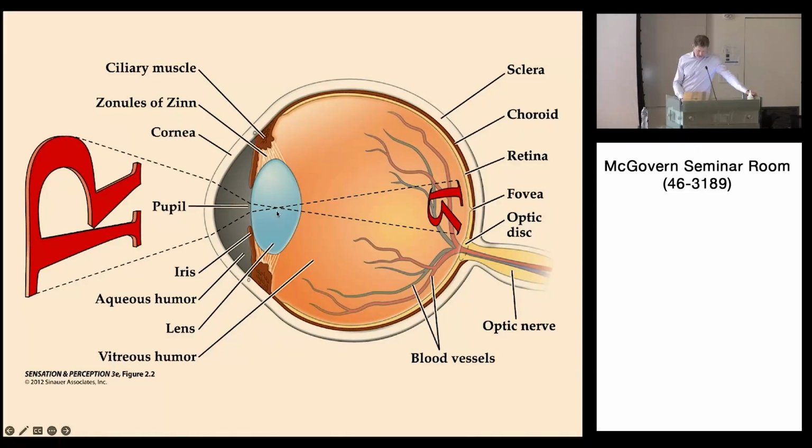And then you've got the lens, which focuses light into an image on the back of the eye. The back of the eye has a few different structures in it. The most important one is the retina, which is this layer of cells that does the transduction for vision. And then those electrical signals from the retina are carried via the optic nerve out of the eye.